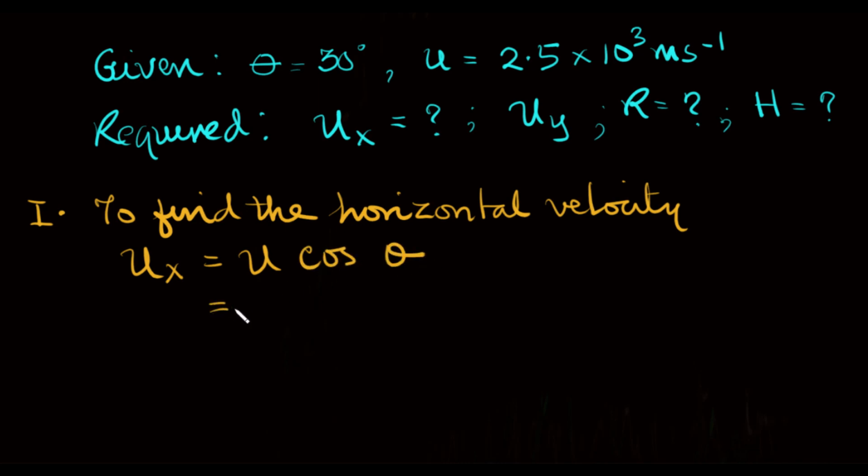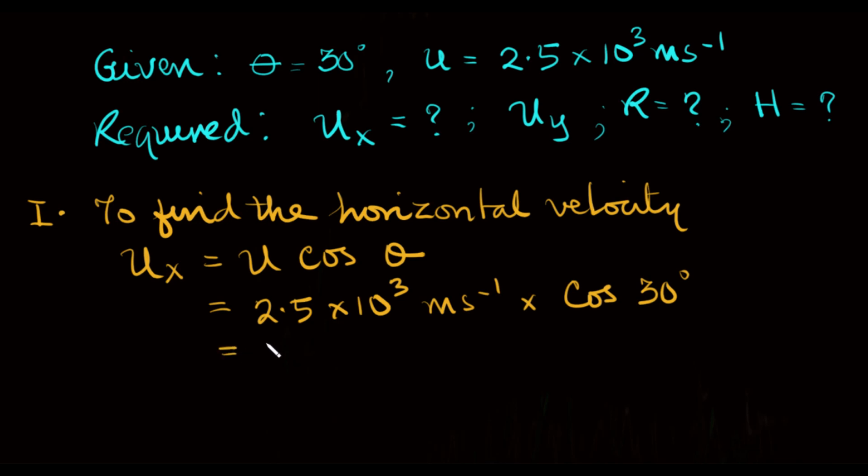So we substitute the values. Our u is 2.5 times 10 raised to power 3 meters per second times cos 30 degrees.